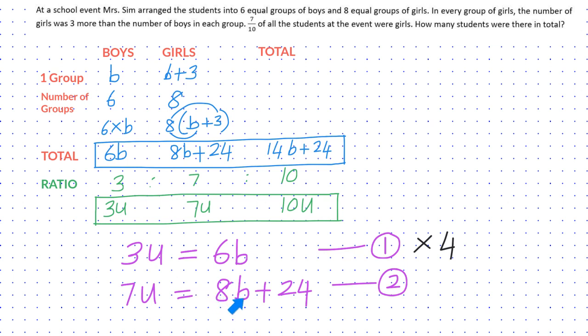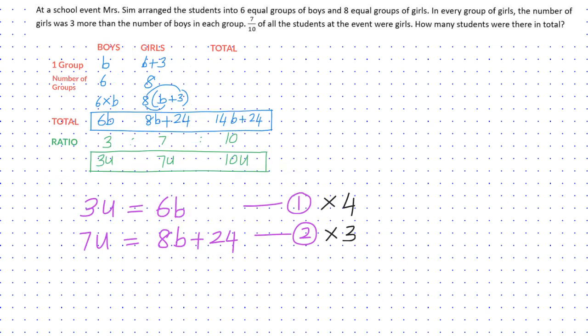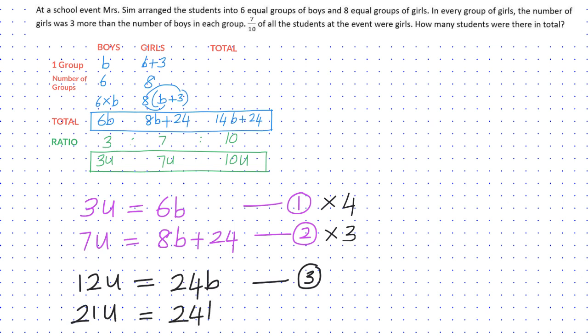And to get 24B here, I need to multiply equation 2 by 3. So 3 units into 4 would be 12 units, and 6B into 4 would be 24B. So let's multiply equation 2 by 3. That would be 21 units is equal to 24B plus 72.